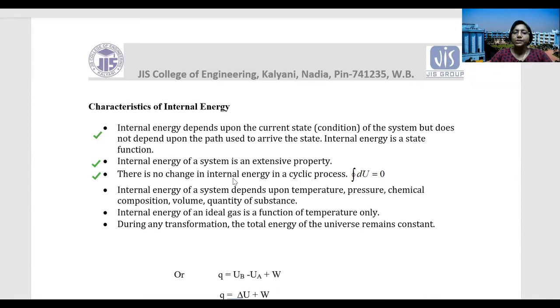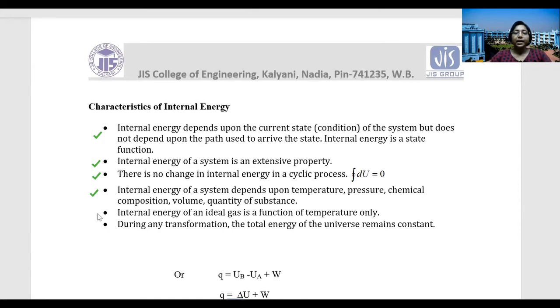There is no change in internal energy in a cyclic process. That is, for a cyclic process, dU is equal to 0. That means if it is a cyclic process, it comes back to the initial state, then there is no change of the internal energy. Number four, internal energy of a system depends upon temperature, pressure, chemical composition, volume, and quantity of substance.